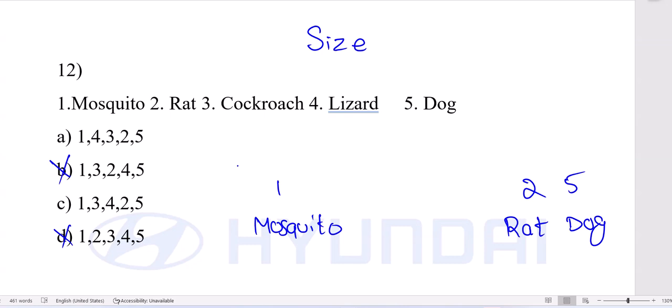Is it 3-4 or 4-3? We have both available, 4-3 and 3-4. Cockroach or lizard, as per the size? No, not regarding weight. So yeah, 3-4 is best suitable. It seems 3-4, not 4-3.